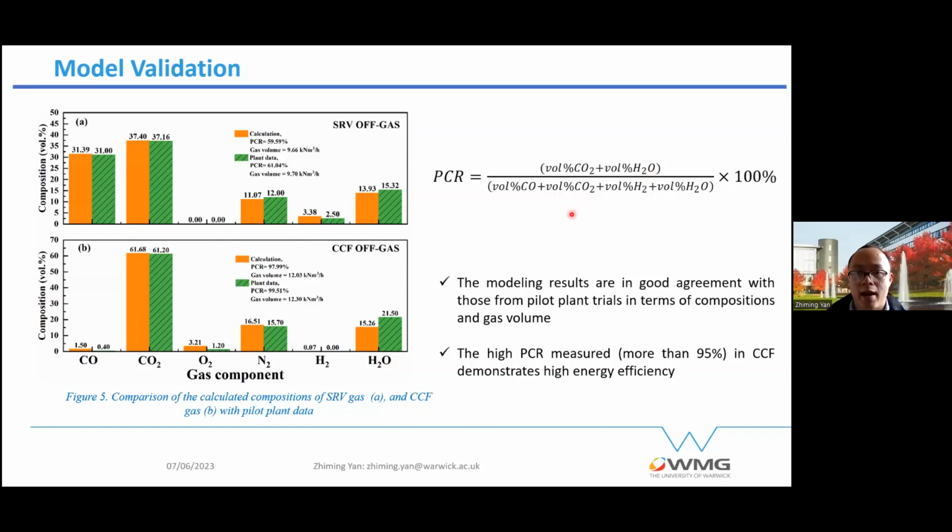That means a high value means high efficiency of the gas. The PCR measured is more than 95 in the CCF. That means we have a high energy efficiency in this process.